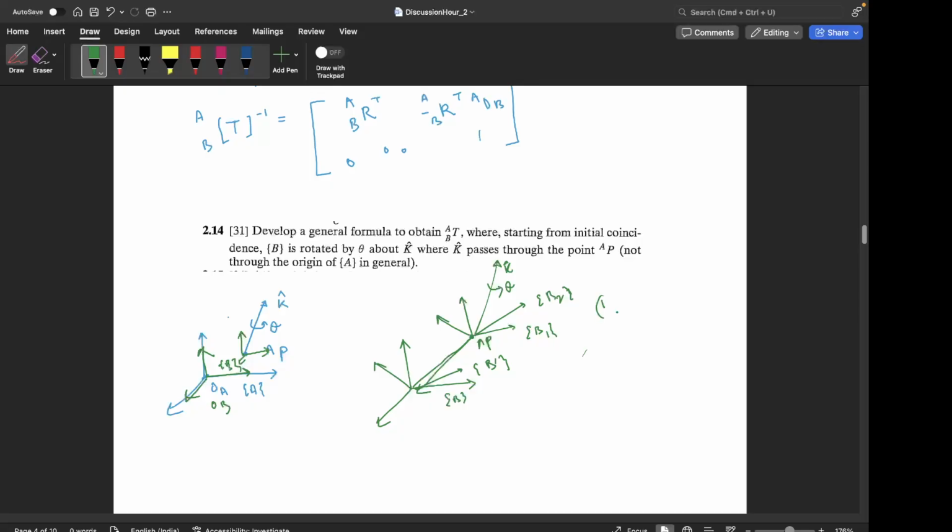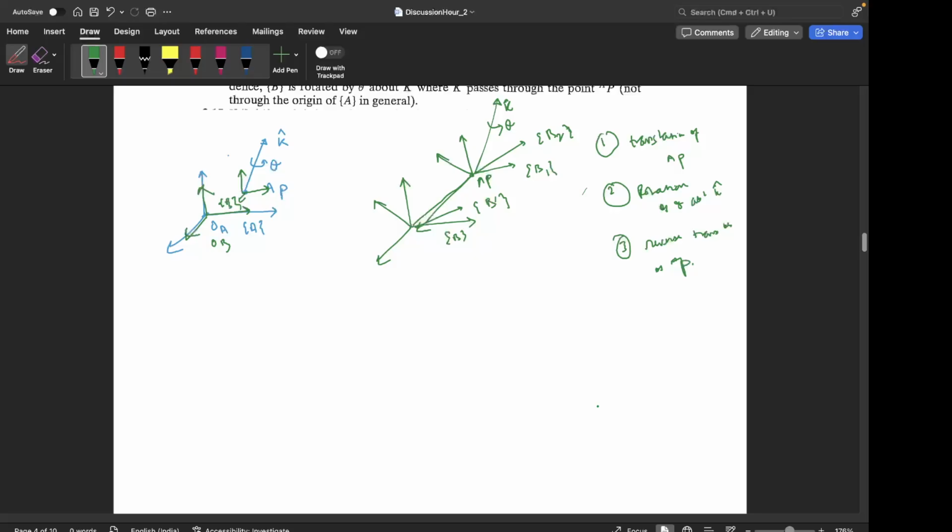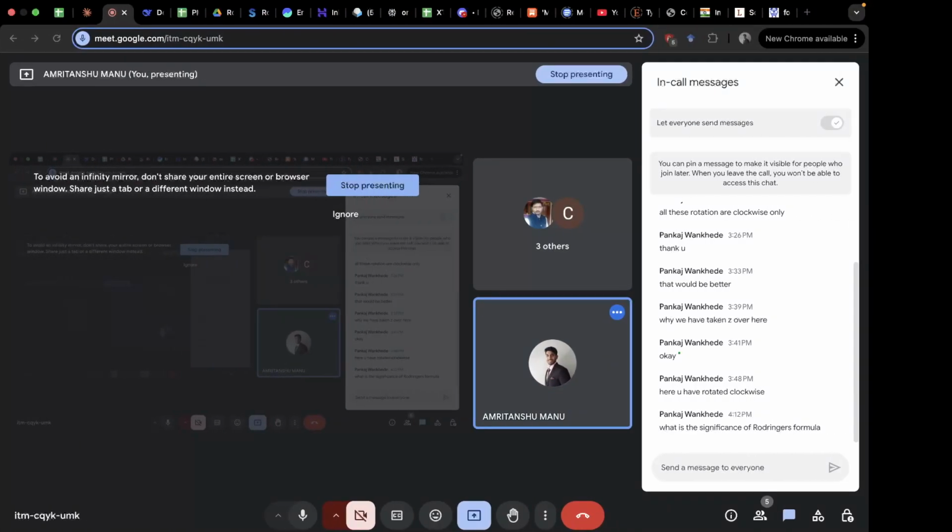So there are three steps. First is translation by a vector P, then rotation of theta about K, and third is reverse translation of P. Okay, so I hope this is clear.